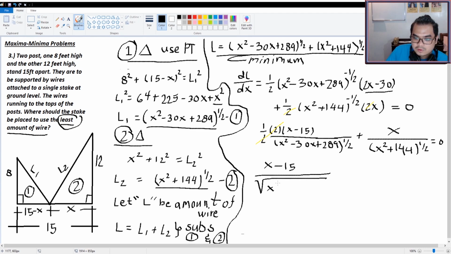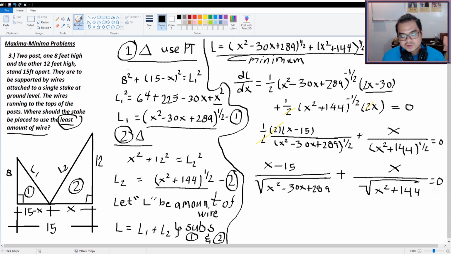So x squared minus 30x plus 289, okay, plus x square root of x squared plus 144. This must be all equal to 0.